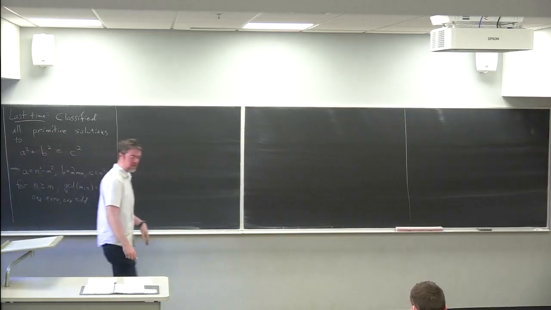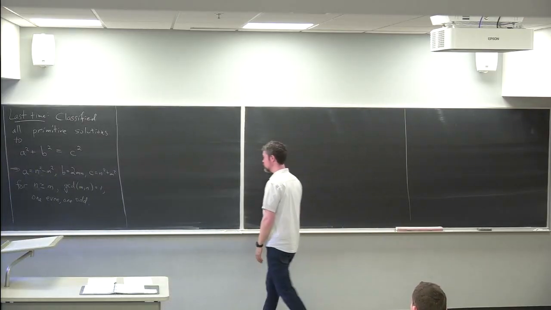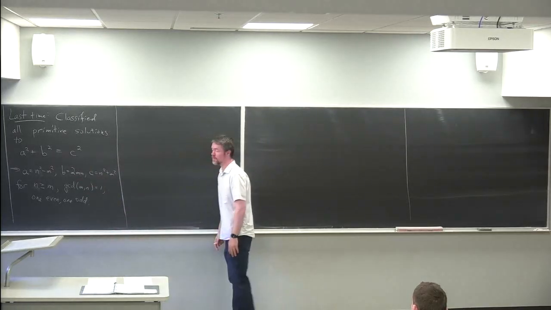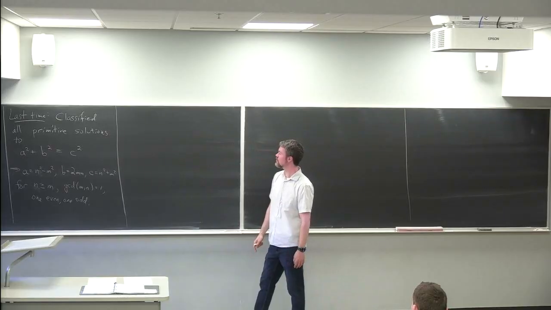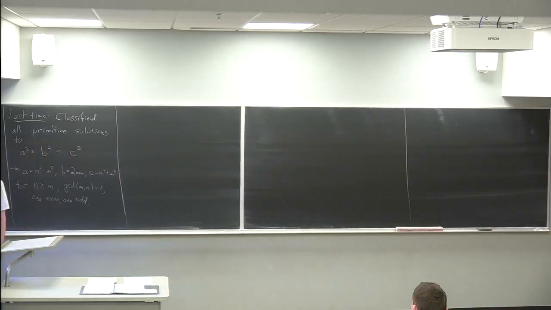So one thing I wanted to mention in brief is that this was the whole thing we did about squares, like the Pythagorean theorem. A natural follow-up thing to consider after you study this equation is what happens if you raise the exponents.